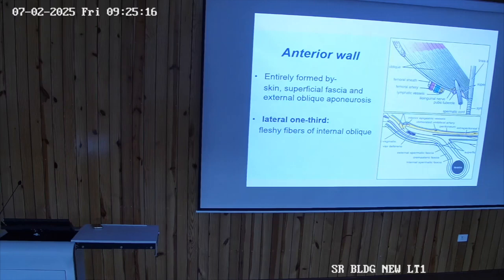This we can think of also because they are superficial: skin, then superficial fascia, then external oblique aponeurosis. In the lateral 1/3 there are fleshy fibers of internal oblique. If you remember, some of the fibers of internal oblique were taking origin from the lateral 1/3 of the inguinal ligament also, so they will be coming in the anterior wall of the inguinal canal. So this way it is formed.